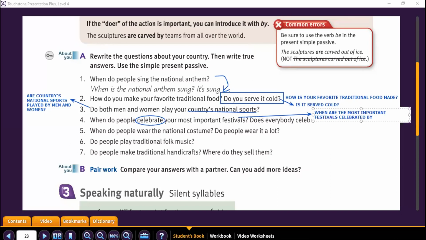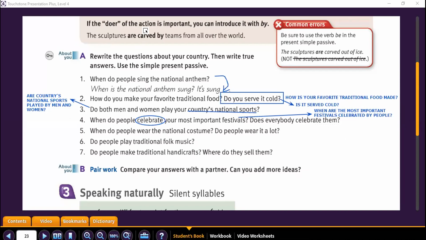By people podría ser, ¿no es cierto? Por la gente. ¿Cuándo son celebrados los más importantes festivales por las personas? By people. When are the most important festivals celebrated by people or by them? Por ellos, ¿no es cierto? Podría ser una opción.